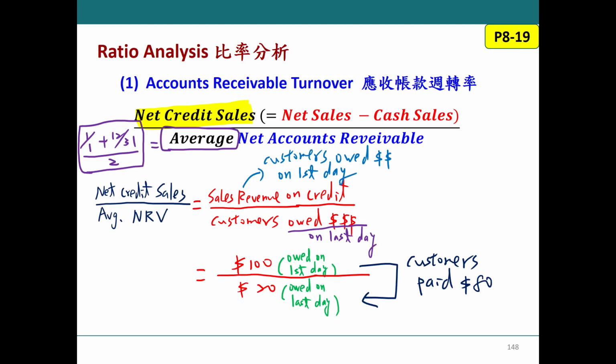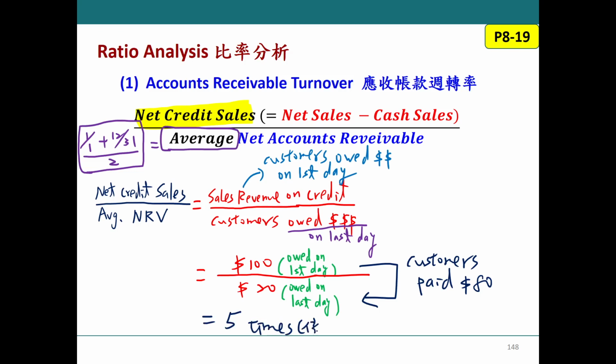Higher is better. Why? Higher means they owe you money on the first day compared with what they owe on the last day, so they pay you money back more, right? If you can understand: if in this case it is 5, that is 5 times.